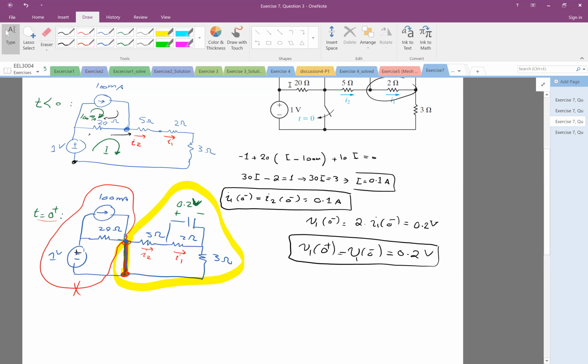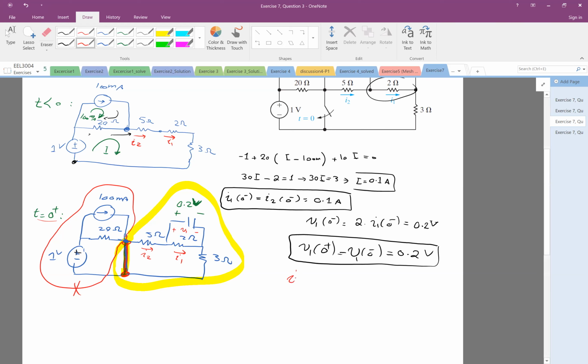So I1 is clear here, as you see, because we have the voltage V1, and then I can find the current.